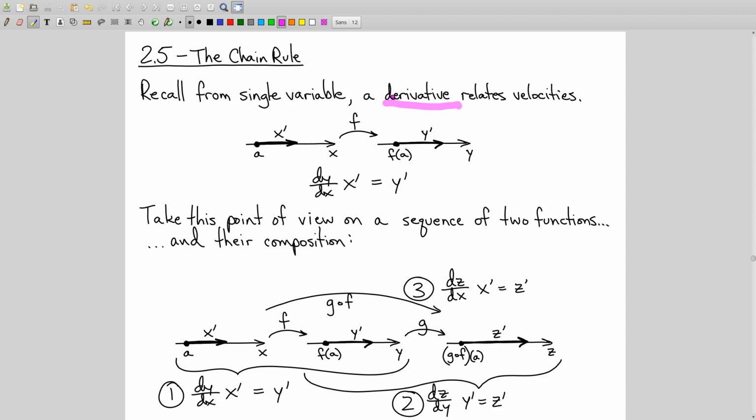I want to view derivatives now in this context as being relationships between velocities. So if you have an input velocity, x prime, then the derivative is what you multiply that by to get the output velocity, y prime.